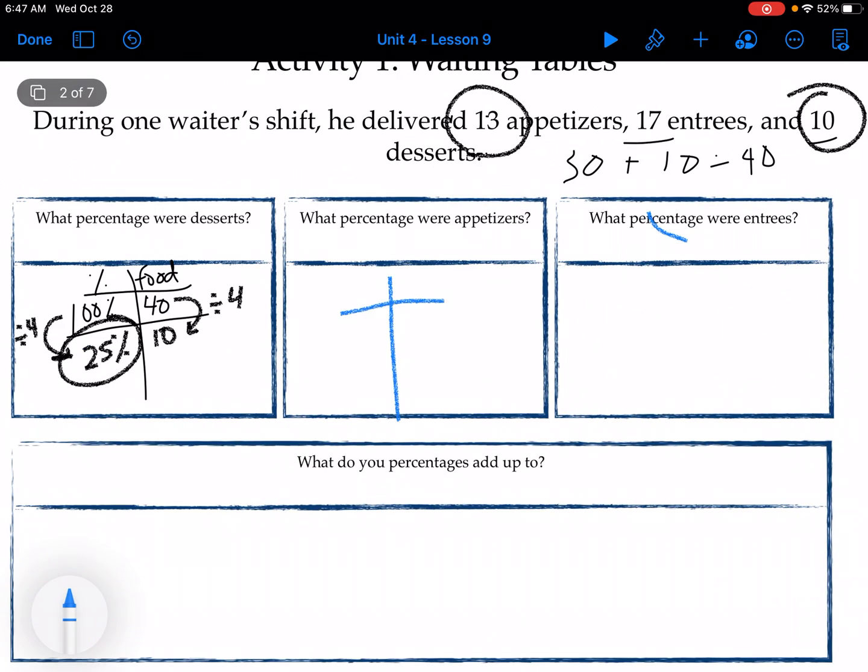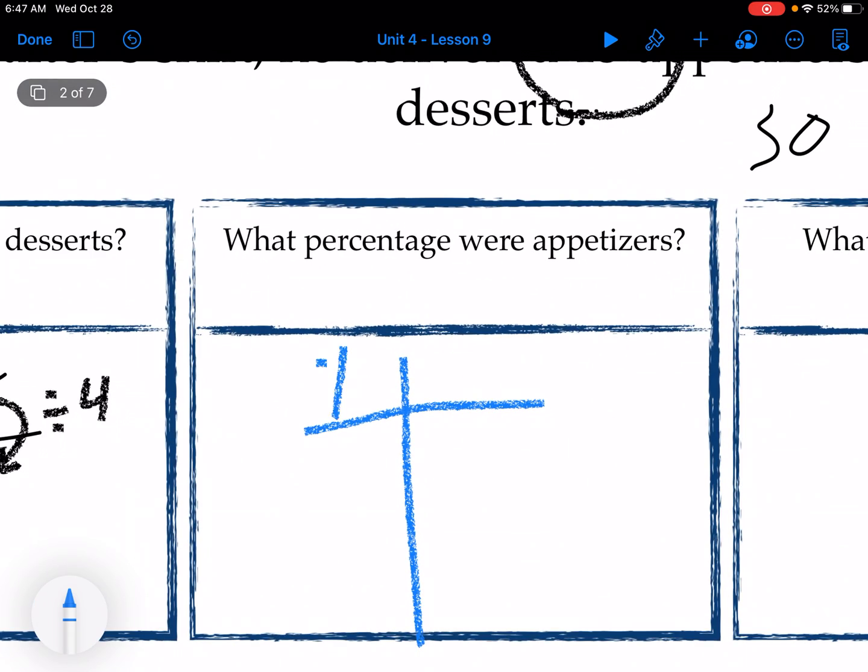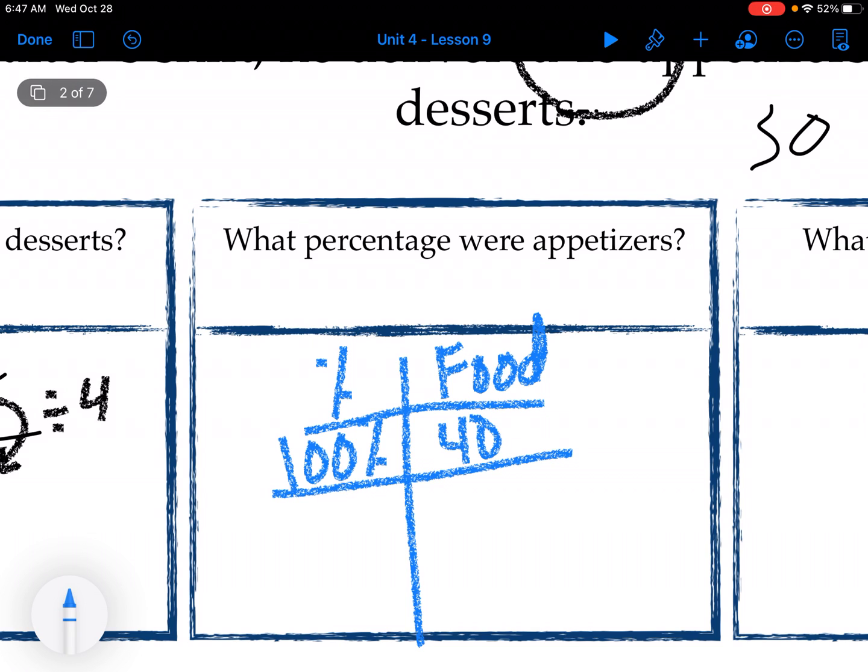So we have our percentage and our food, right? I've got 100% is 40 items. I want to figure out what 13 items is. So let's figure out what percent one item is. I'm going to divide this side by 40.